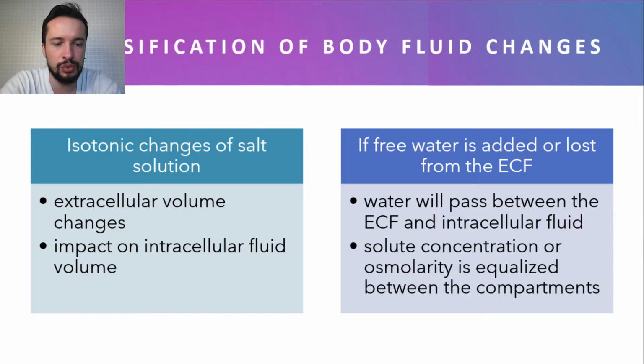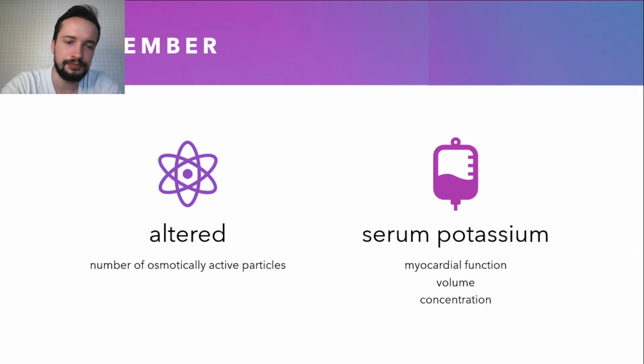For instance, doubling the serum potassium concentration will profoundly alter myocardial function without significantly altering volume or concentration of the fluid spaces.